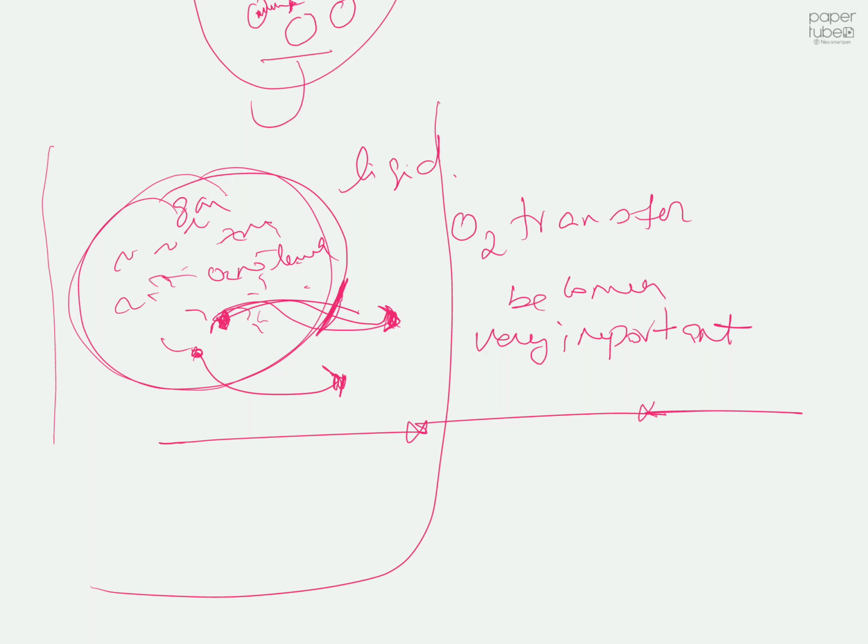Just assume this is a reactor, and you are trying to push your oxygen mass from the bubble, which is in the gas phase, to the liquid phase. So you are going to dissolve oxygen in the liquid.